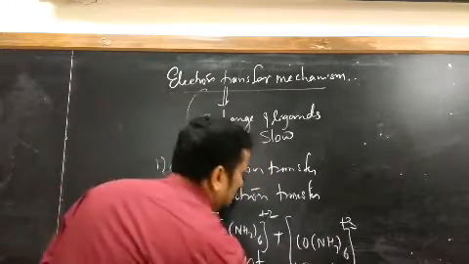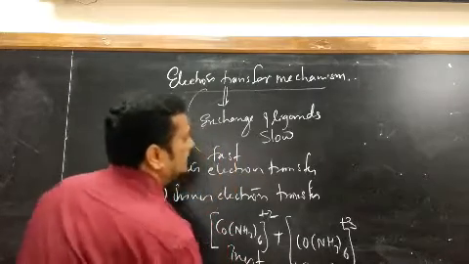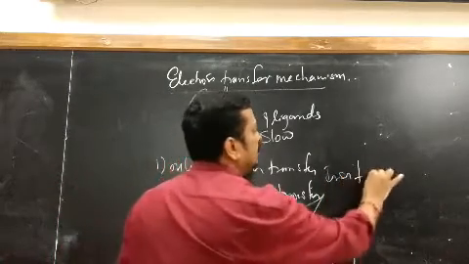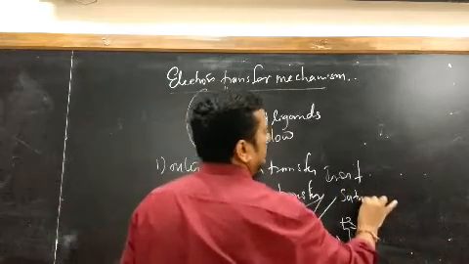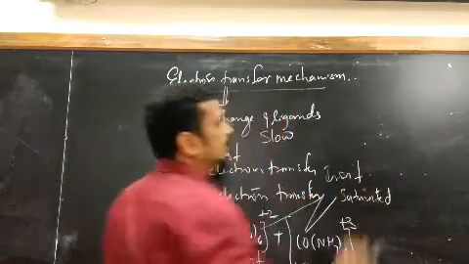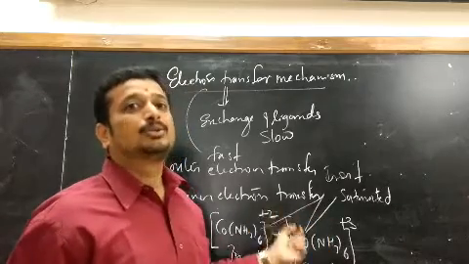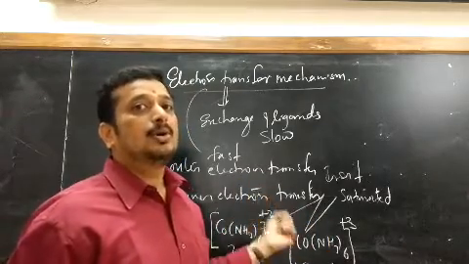So I will write here: these two complex ions are inert and they are saturated. So the electron transfer that takes place here will go via the outer electron transfer mechanism.